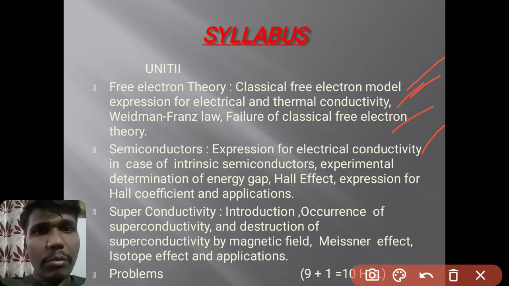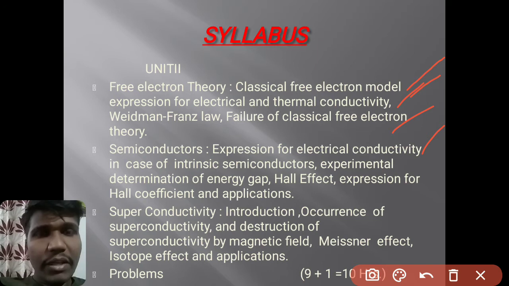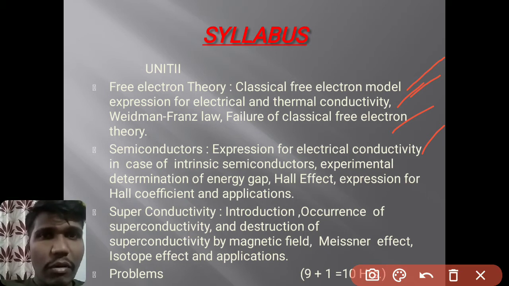So how to determine the energy gap, and the scientist Hall, how to take the semiconductor electrons and holes, in which directions the electrons flow, to find the effect, that is known as the Hall effect, and the coefficient and the applications of the Hall effect. So we have to say Hall effect, expression for Hall coefficient and applications of the Hall effect.